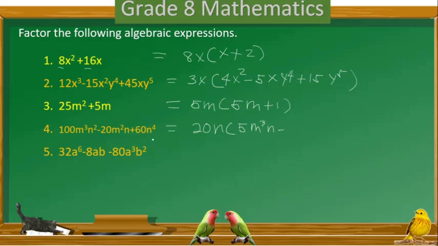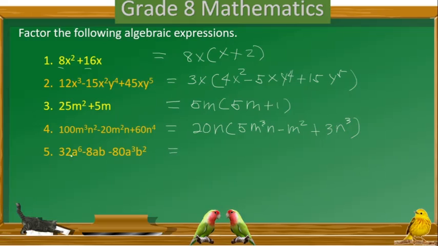Copy the sign. This one, 20 divided by 20, that is 1. Then for the m, we don't have m, so we write m squared. Then n cancelled out. Then copy the sign. 60 divided by 20, that is 3. Then m to the 4 divided by n, that is m to the 4 n cubed.